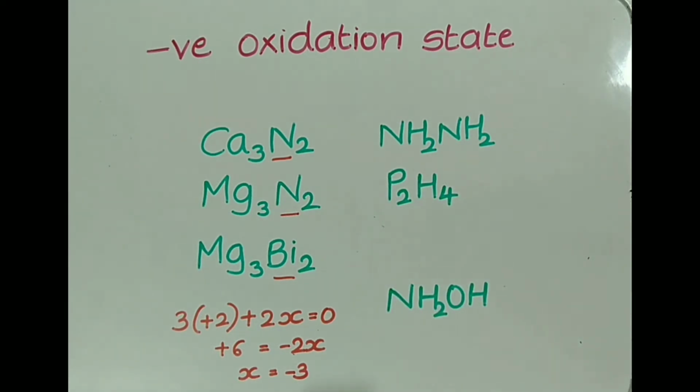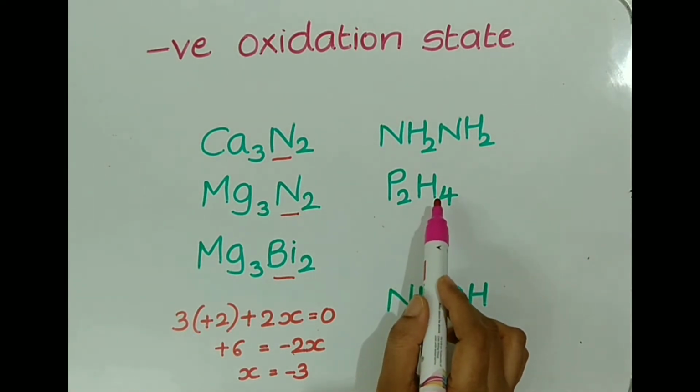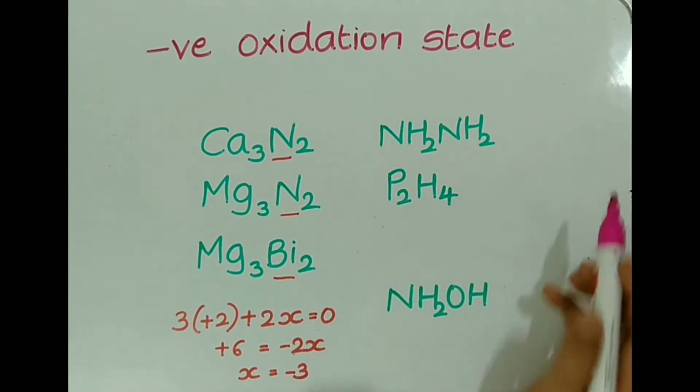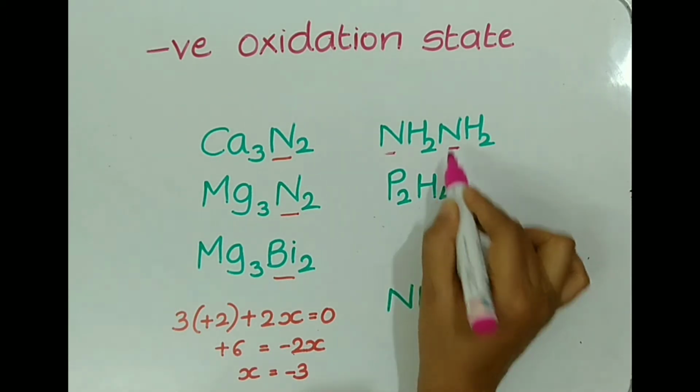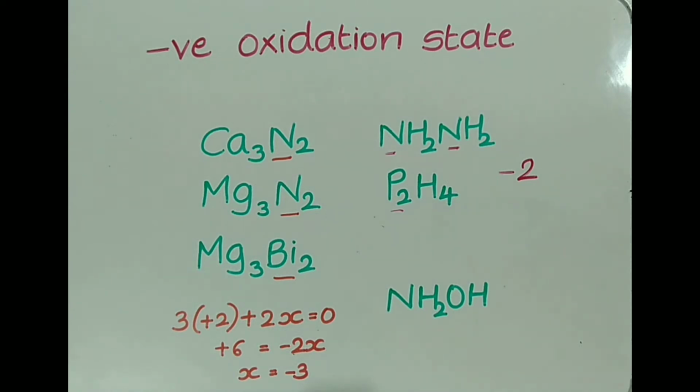So the oxidation state in hydrazine and P2H4, that is diphosphine, if you calculate, you get -2. The oxidation state of nitrogen in hydroxylamine is -1. So you can see that these compounds of group 15 elements exhibit negative oxidation state.